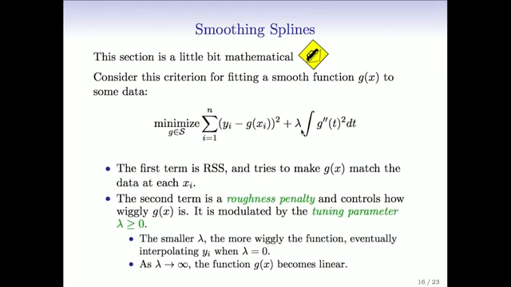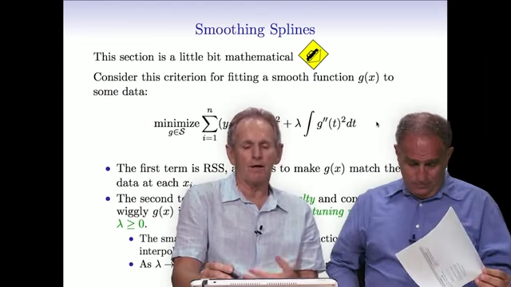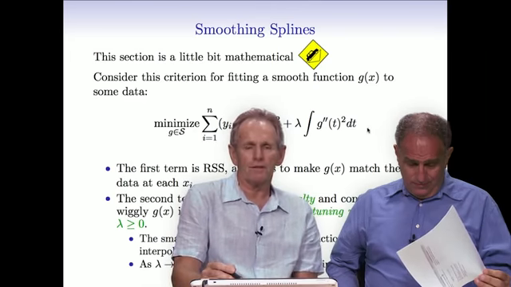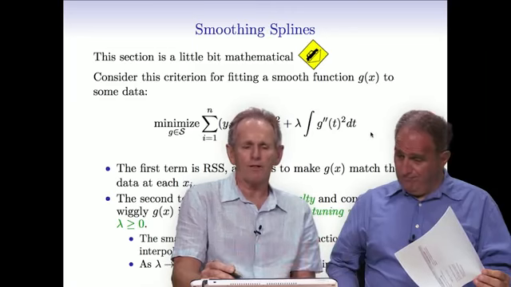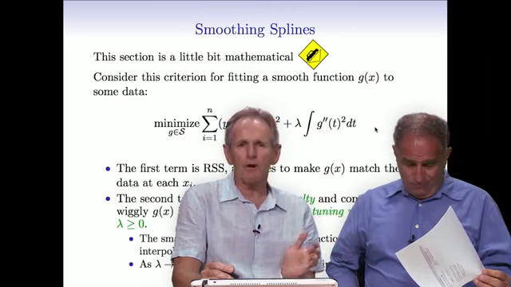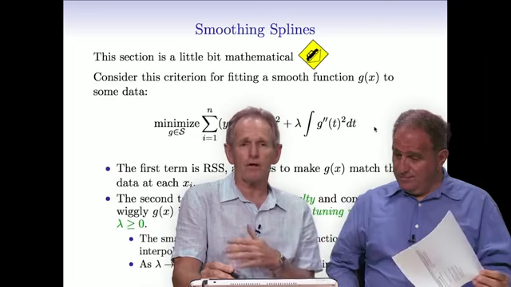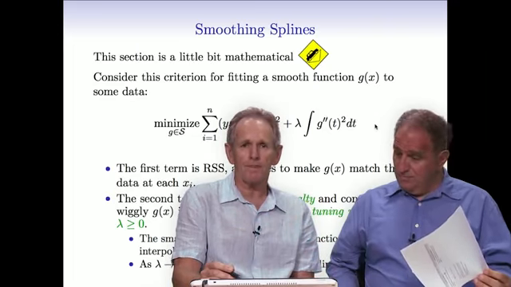If lambda goes to infinity, we'd have to make this 0 to not be overwhelmed by the penalty, which means the function's got to be linear. So this would be a linear model. That's a really pretty way of setting up a smoothing problem, which gives us a whole range of values. As lambda goes from 0 to infinity, we get a range of solutions from a linear function to a very wiggly function that goes through the data.